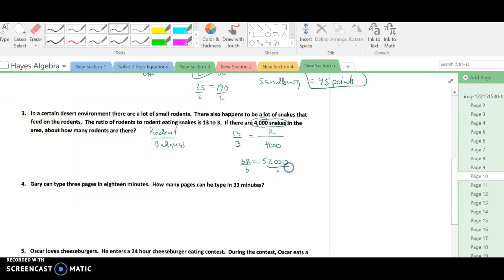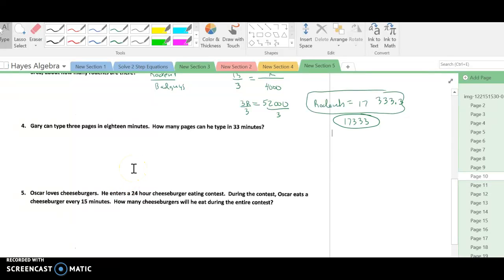When you divide by 3, you get the number of rodents would be about 17,333.3, but we can't have a partial rodent, so we would just round it to 17,333. Okay.